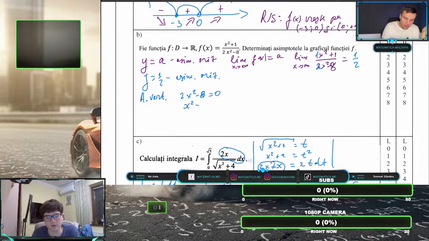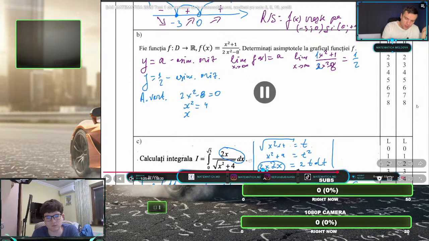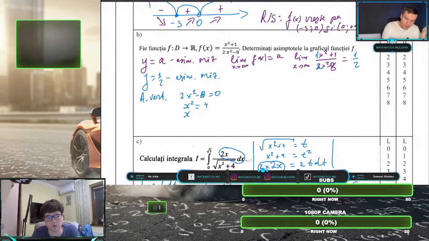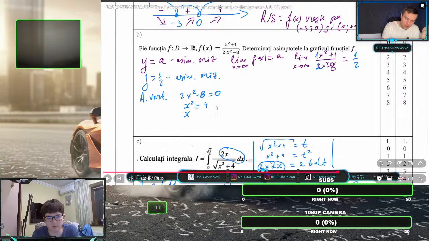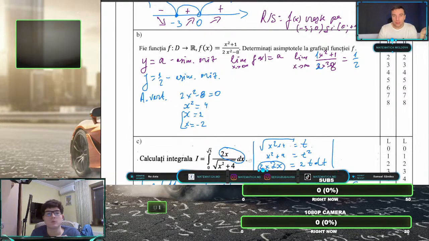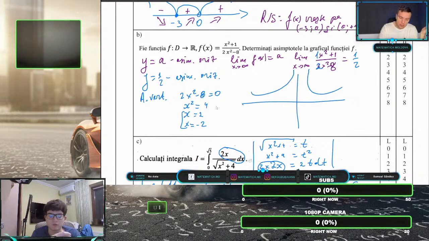2x minus 8, that's the part below. So you just take the thing below and set it equal to 0. And so you'll have x is equal to 2, or minus 2, because when it's to the second power it's 2 or minus 2.